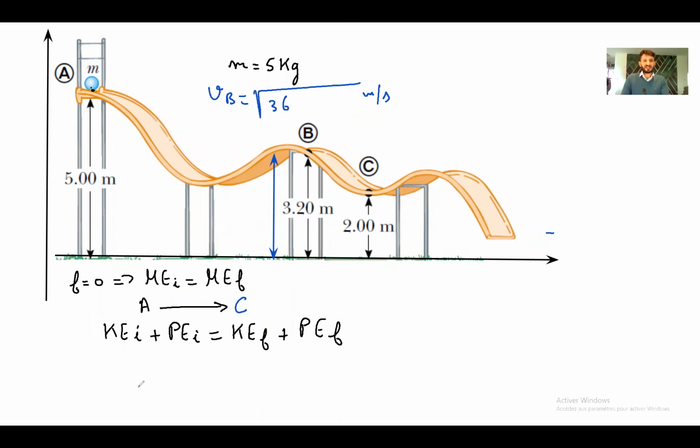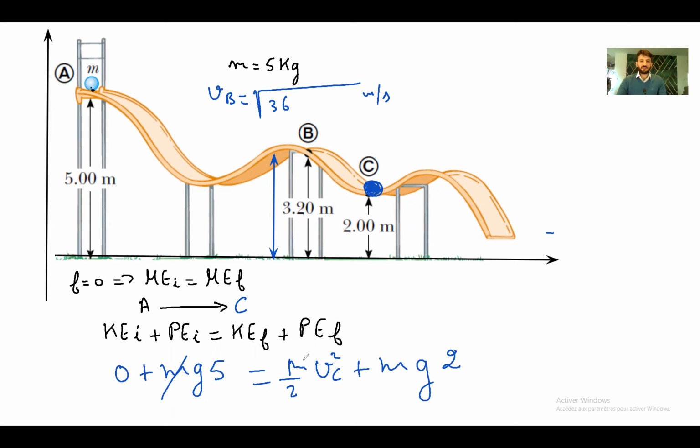When the object is at the position A, we don't have kinetic energy and we have mgh. When the object moves to the position C, here we have velocity, so we have one half m v square at the position C plus mg times the height, which equals 2, so mg times 2. We can eliminate m.